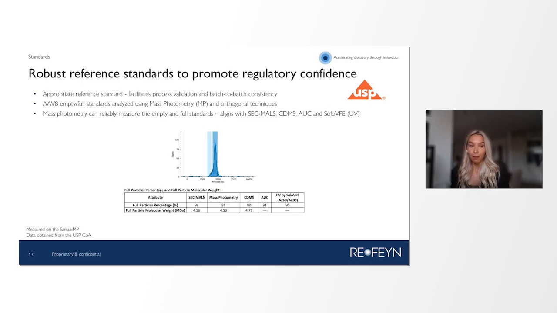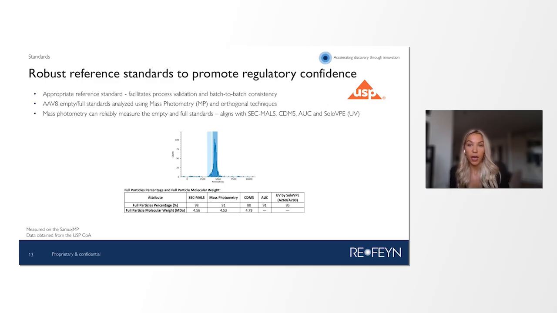By establishing an appropriate reference standard, we can support process validation, ensure batch-to-batch consistency, and meet all the regulatory expectations. US Pharmacopoeia has recently released a reference standard that facilitates process validation and batch-to-batch consistency.